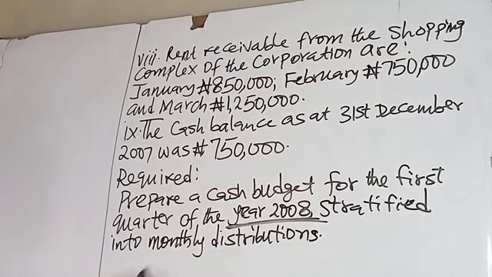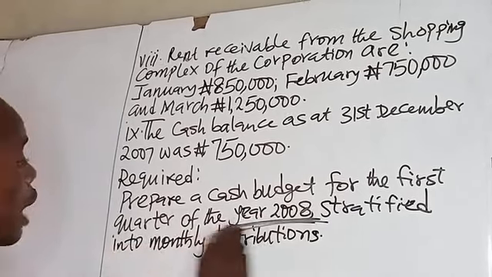You have to prepare cash budget for the first quarter of the year 2008. The name of the ministry is Rimi State Housing Corporation of Rimi State, and you have to prepare cash budget for the first quarter of the year 2008.